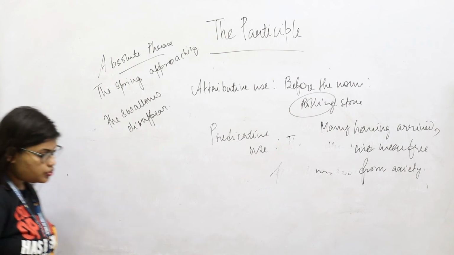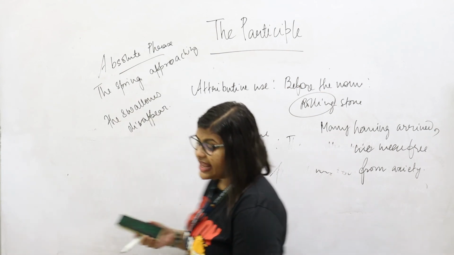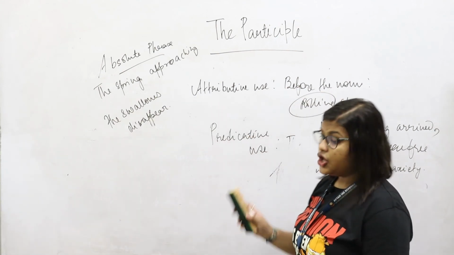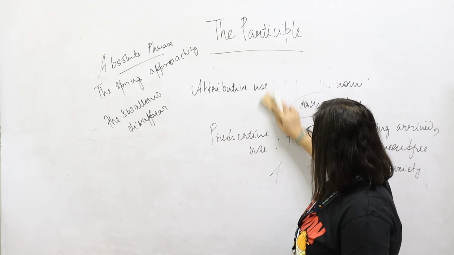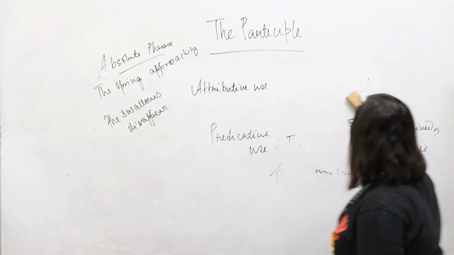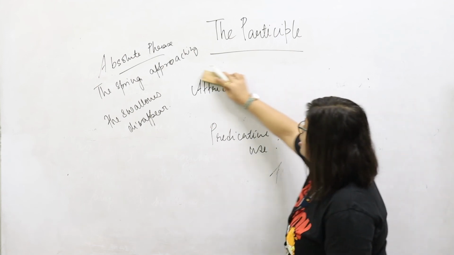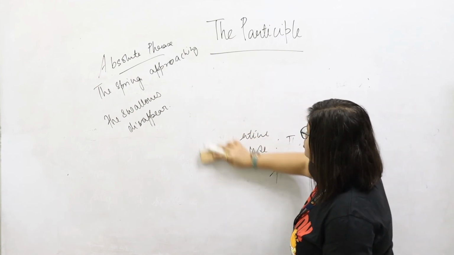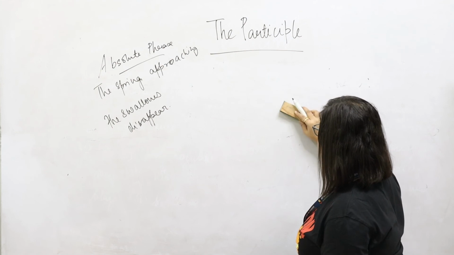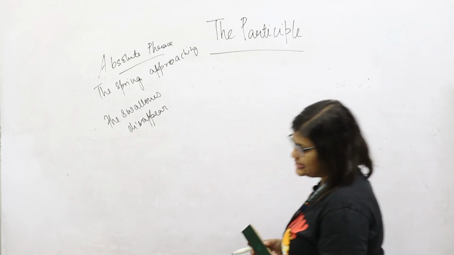However, now let us come towards the end of this, which would be the very common errors which we make while using the participles. This part is also needed if you want to learn your error corrections properly for your exams.